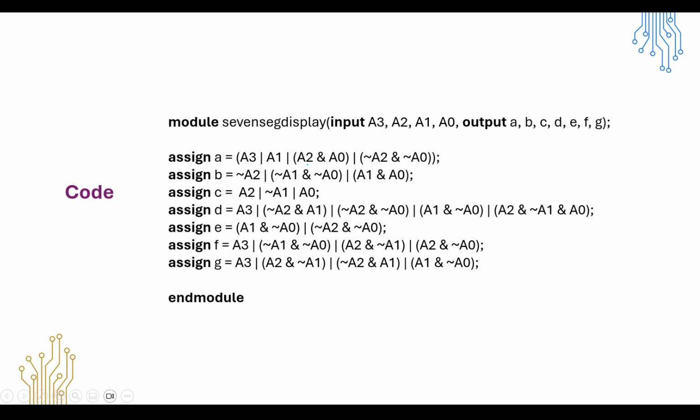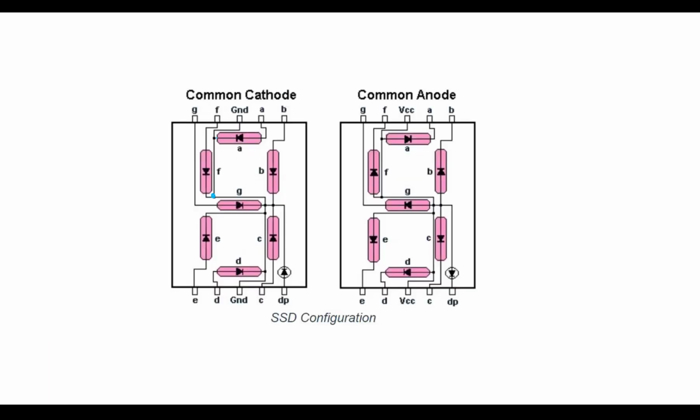Now know that in a common cathode SSD, the N side of each of these LEDs is connected to a common terminal. You can see this, all of these cathodes are connected to the ground terminal. So if you connect this to ground outside the 7-segment, all you need to do for a particular segment to glow is give a high input there.